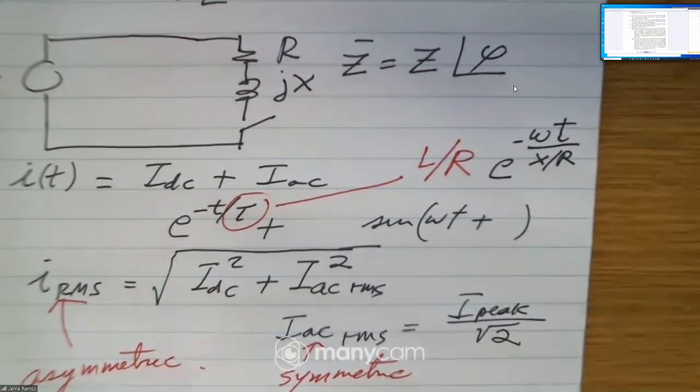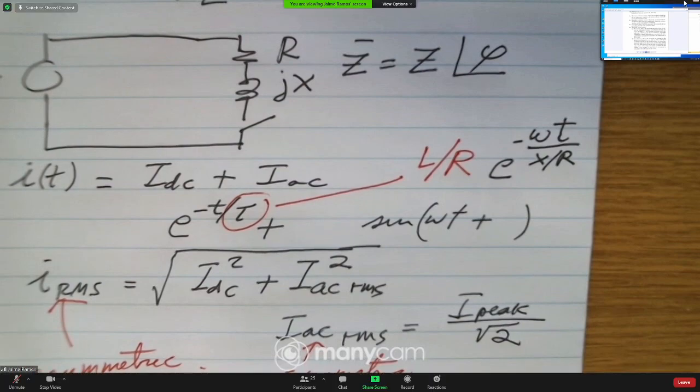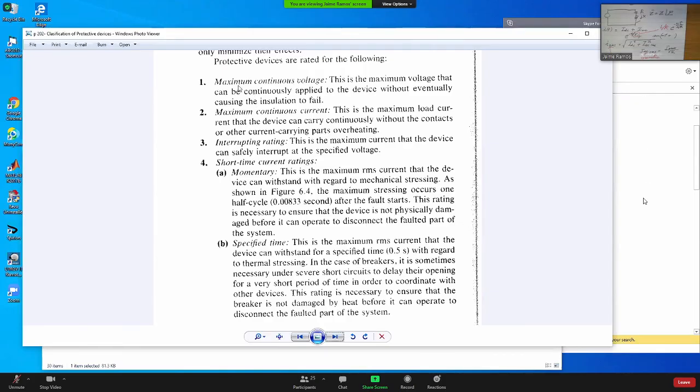So protective devices are rated as the maximum continuous voltage, the maximum continuous current, the interrupting rating, and the short time current ratings. So these are the characteristics of the protecting device.